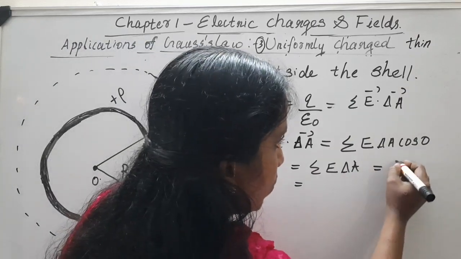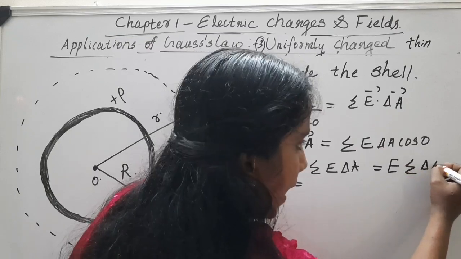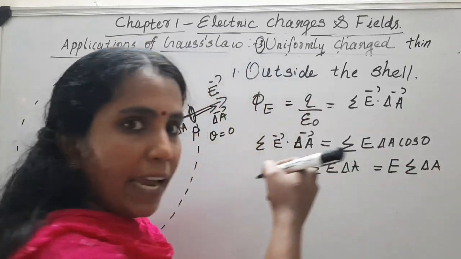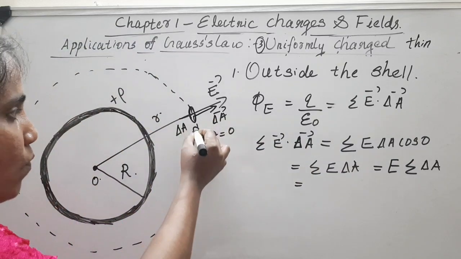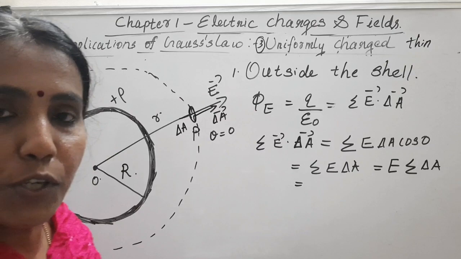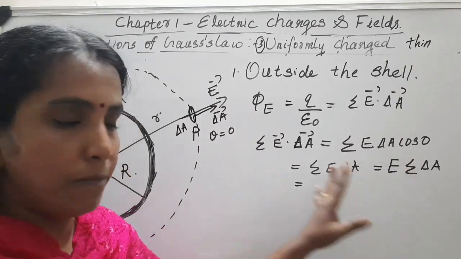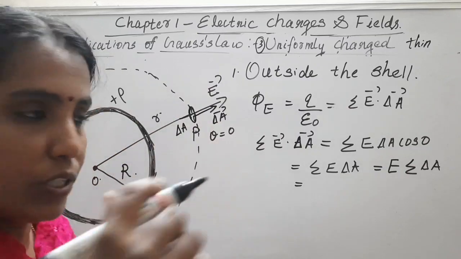So we can write it outside: E into summation delta A. Summation delta A is very simple, because it is the sum of all delta A on that Gaussian surface, which is spherical in shape. So summation delta A becomes the area of the Gaussian surface.